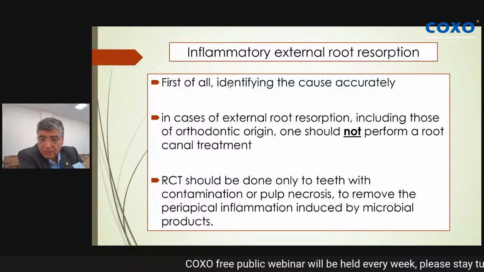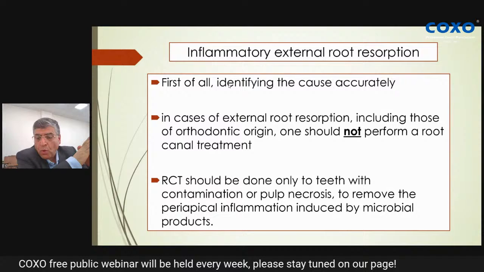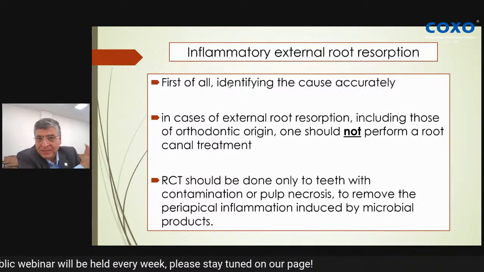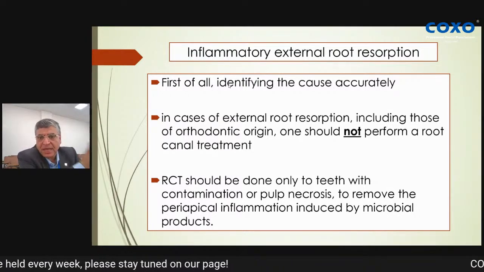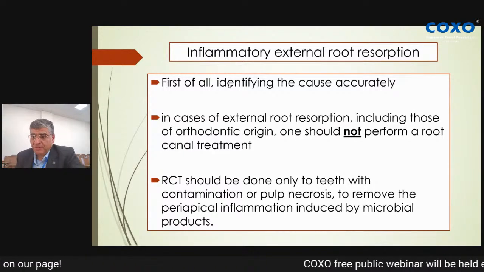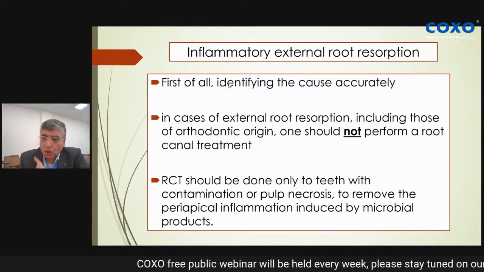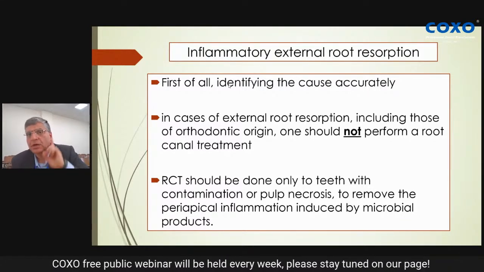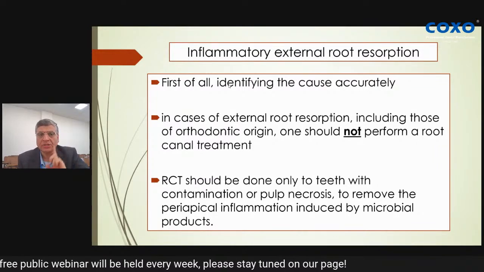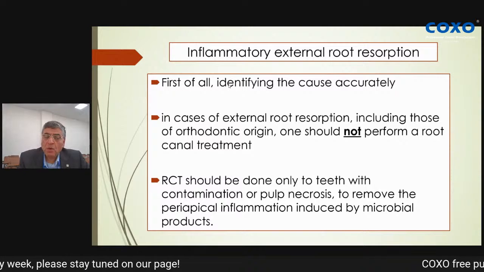Root canal treatment should be done only to teeth with contamination or pulp necrosis. That means close monitoring, sensibility test, electrical pulp test, to remove the periodontal periapical inflammation induced by microbial products. So inflammatory external root resorption does not necessarily end up with root canal treatment.